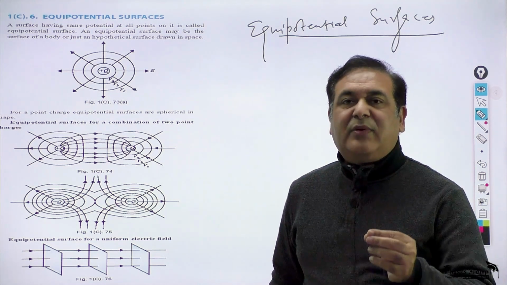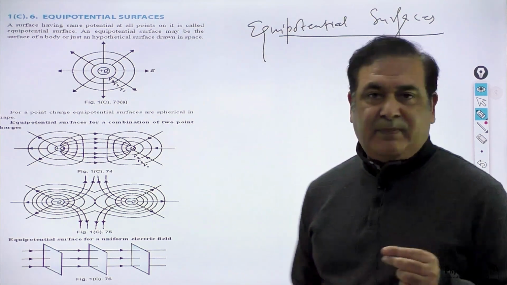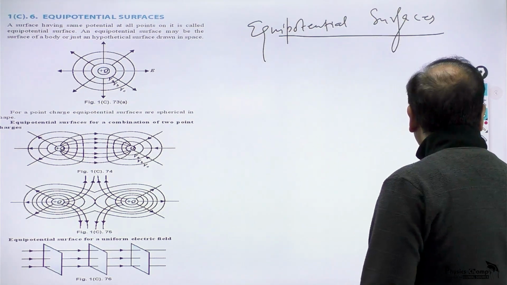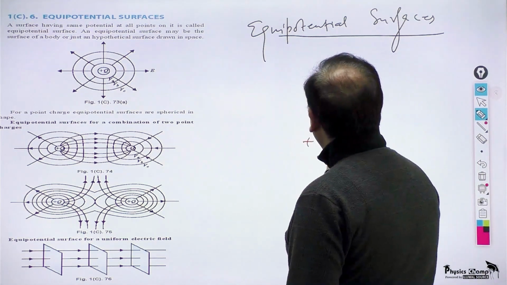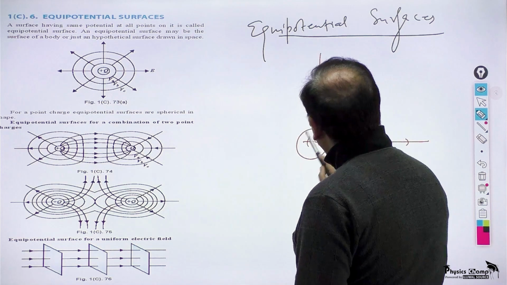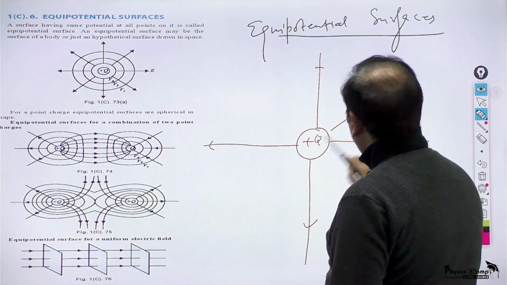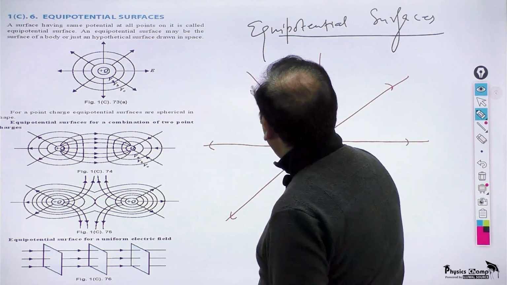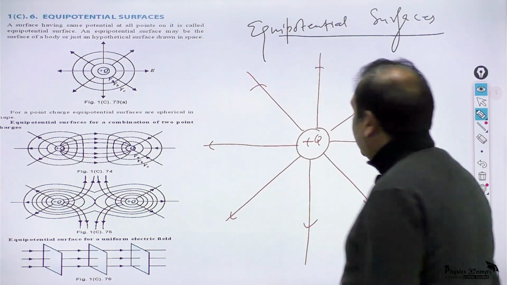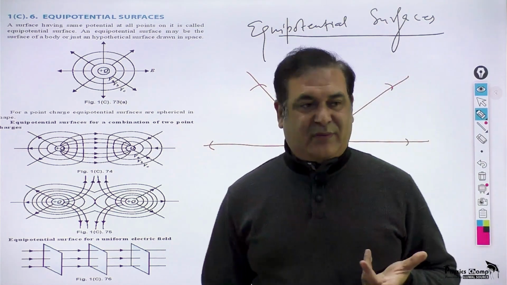So a surface with equal potential should be called an equipotential surface. Now let's assume I have a charge Q, and due to this charge Q we have electric field obviously going radially outward. But we are interested here not only in electric lines of force, but in equipotential surfaces.